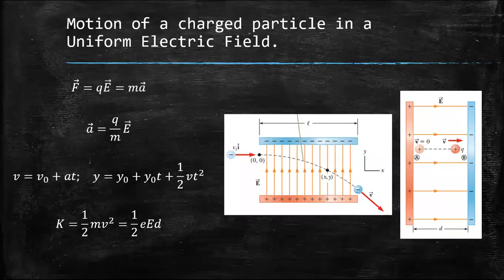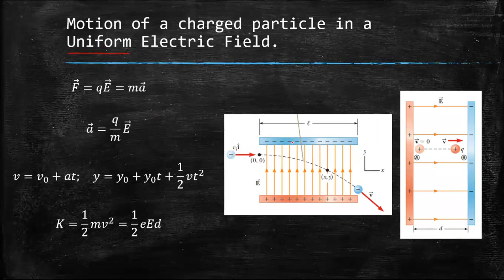Now, once we know what the electric field is for different distributions, let's see what happens to a charge whenever it enters a certain electric field. In this case, we have a uniform electric field. Uniform means that it is constant through time and through space.